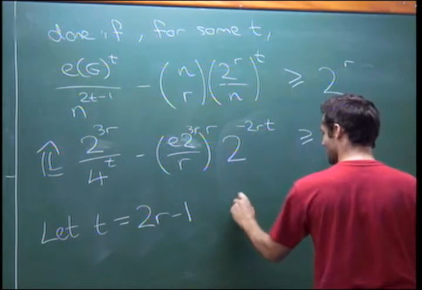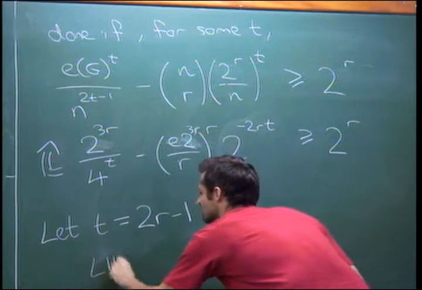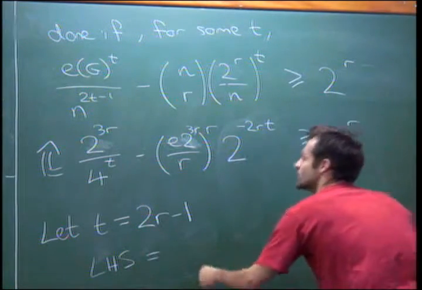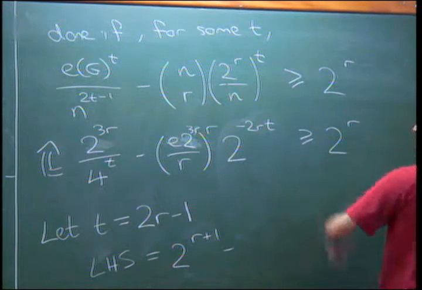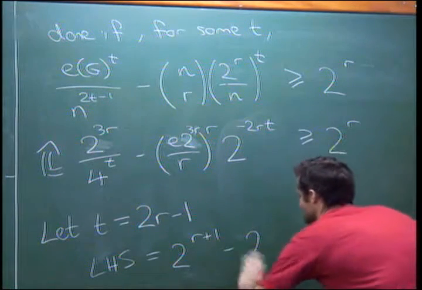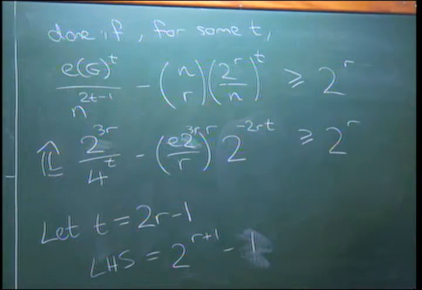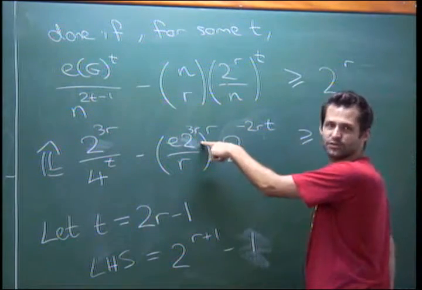Then the left-hand side is equal to 2 to the r plus 1 minus something really tiny, something less than 1. This is 2 to the 4r squared. This is like 2 to the 3r squared.